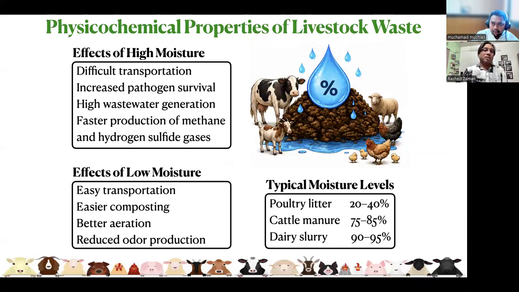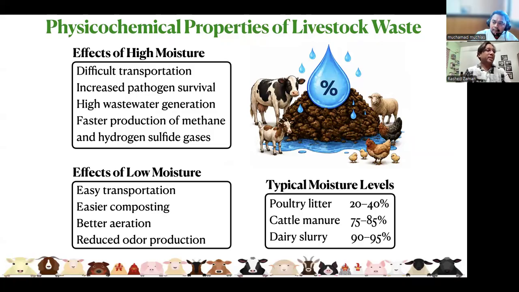There is also faster production of methane and hydrogen sulfide gases because it lowers the oxygen level, and in anaerobic conditions, it produces much hydrogen sulfide and methane.